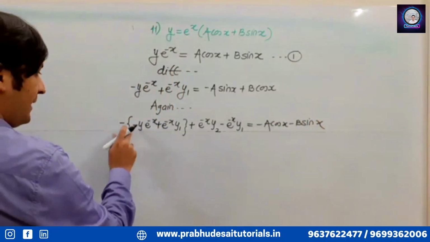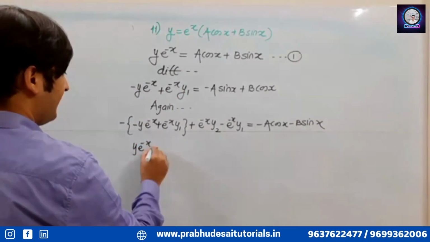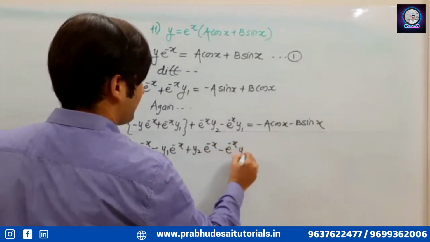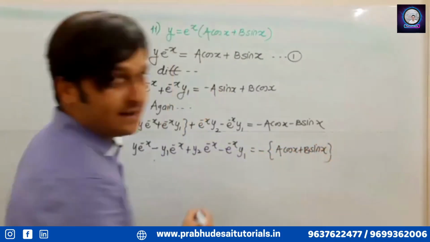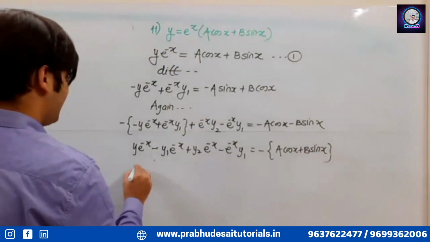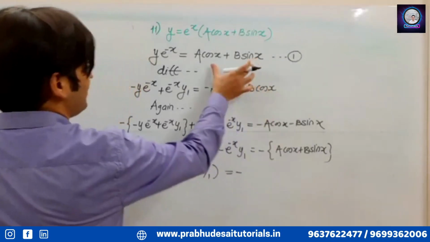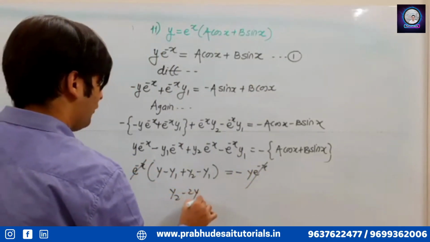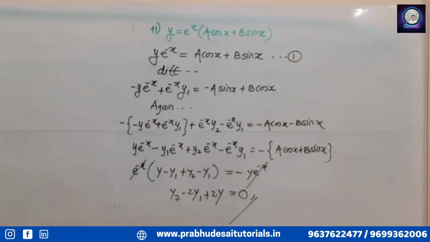Minus y e raised to minus x plus minus y1 e raised to minus x plus y2 e raised to minus x minus e raised to minus x y1 minus common a cos x plus b sin x. Now e raised to minus x common: y minus y1 plus y2 minus y1 is equal to minus the original one, y e raised to minus x. Cancelled, y2 minus 2y1 plus 2y. Is this the correct answer? Just check: y2 minus 2y1 plus 2y. Is that the correct answer?